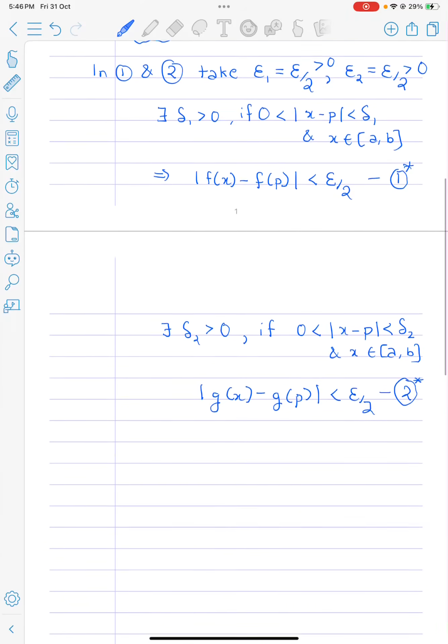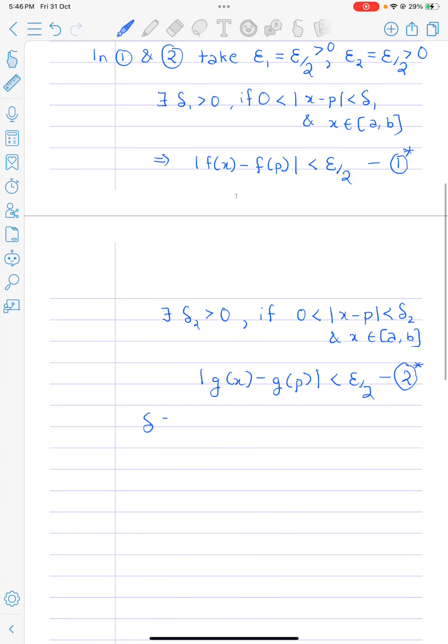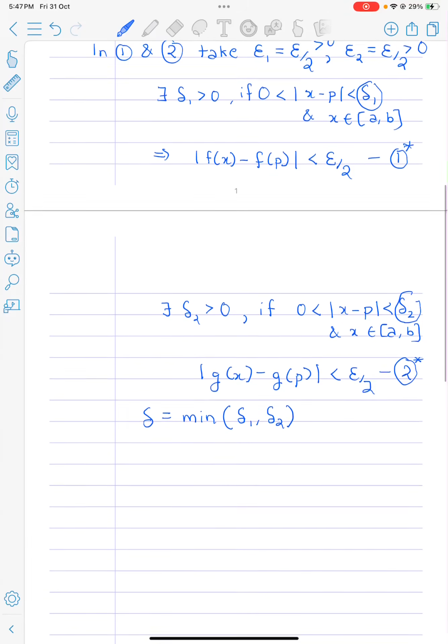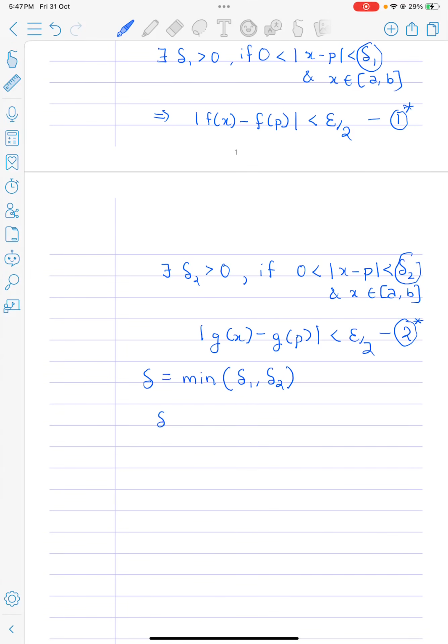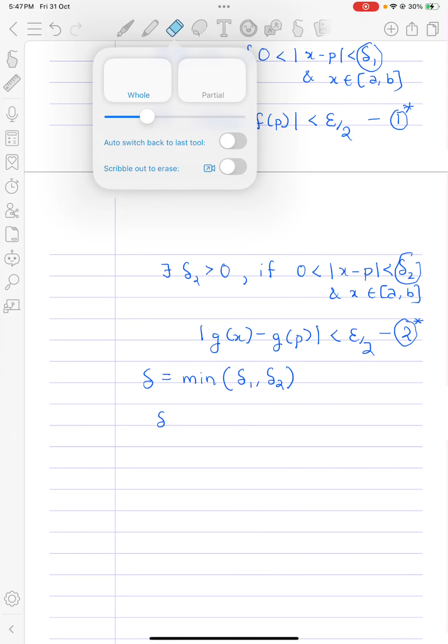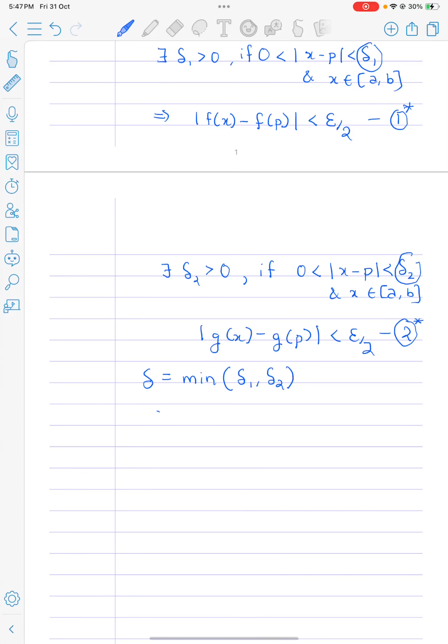Now let's see. Choose delta to be the minimum of delta 1 and delta 2. This delta 1 and this delta 2, you choose delta to be the minimum of these. If you choose this, then delta is greater than 0, because the minimum of two positive quantities is positive.